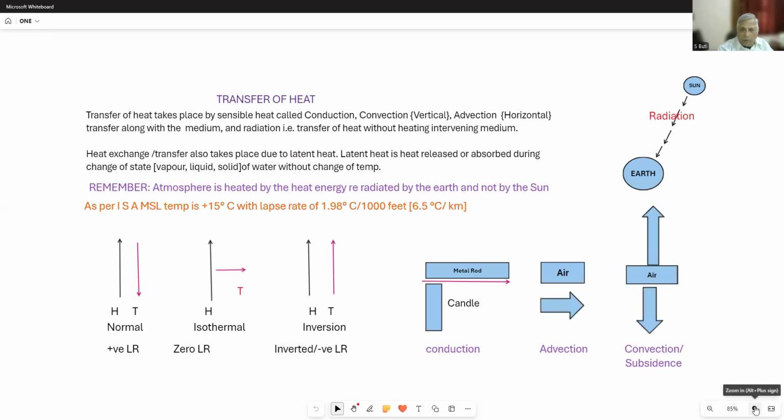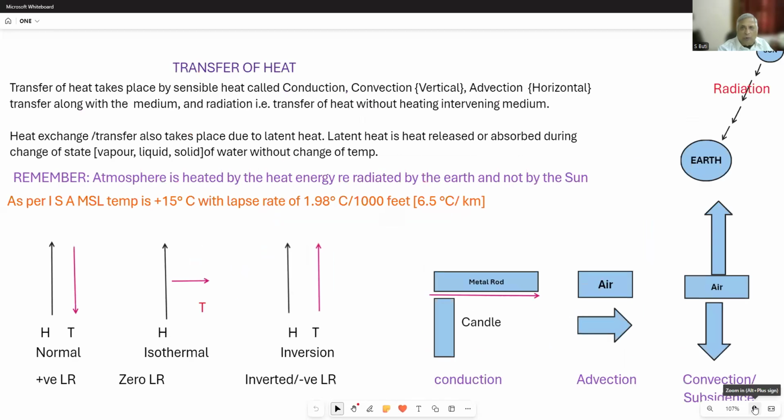Now, we are going to study transfer of heat, horizontal and vertical, within the atmosphere. The transfer of heat takes place by two methods, sensible heat and latent heat. Sensible heat is these four methods which I explain to you.